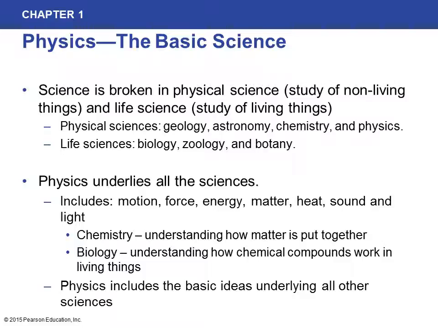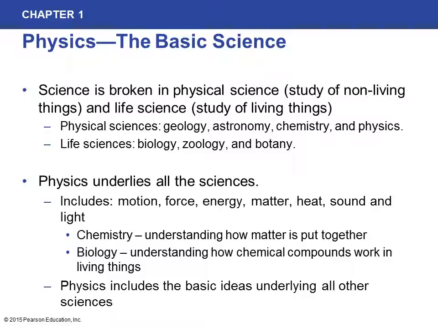Physics underlies all of the sciences, so it includes things that you study such as motion, force, energy, matter, heat, sound, and light. Chemistry looks at how all those things are put together, how different types of matter are put together and how they work together. So it's putting some of the concepts of physics together and understanding how they interact.